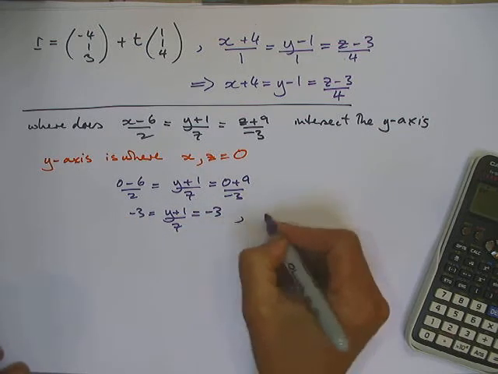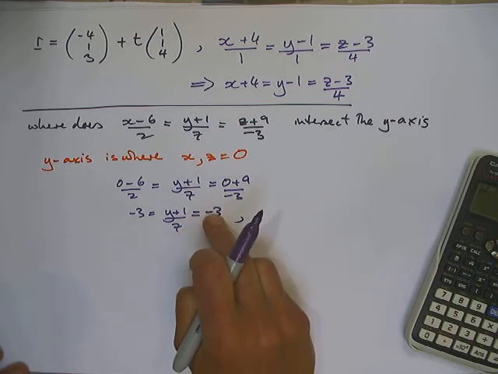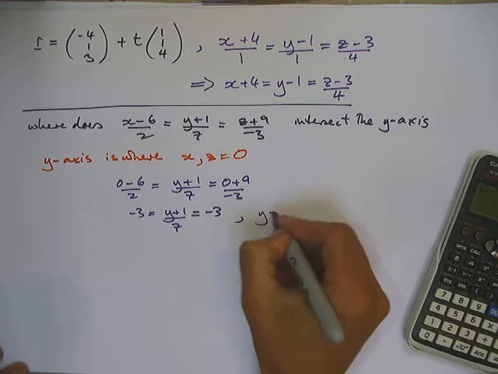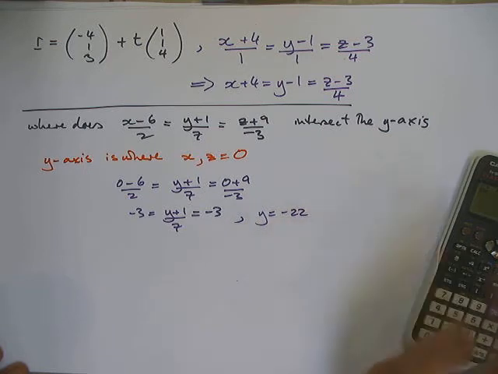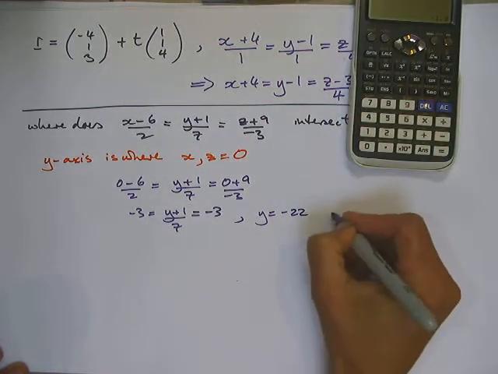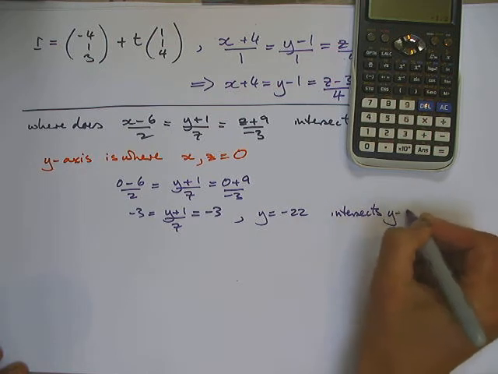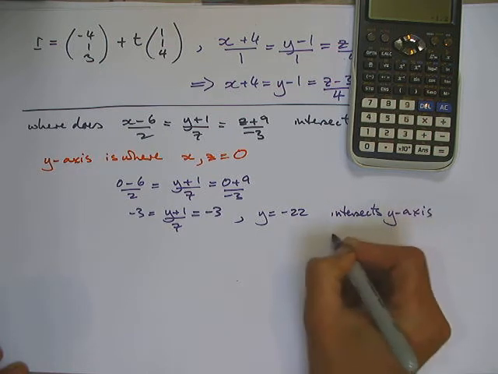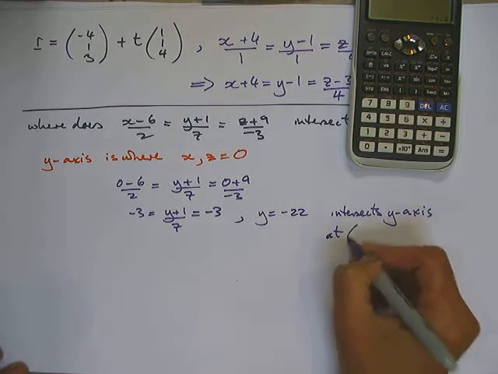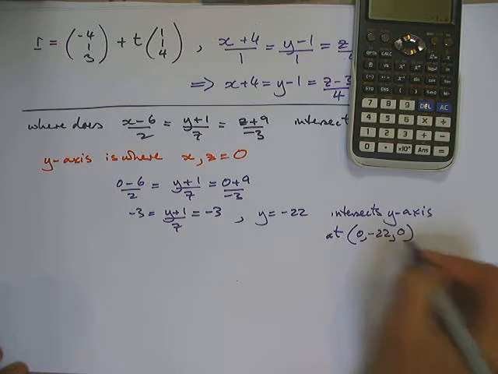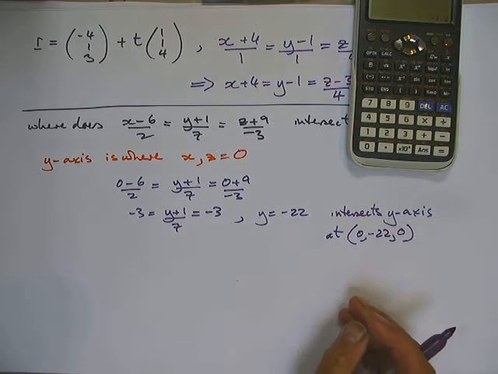Consistency. Therefore, multiply by 7 and take the 1. Y equals minus 22. Intersects y-axis at 0, minus 22, 0.